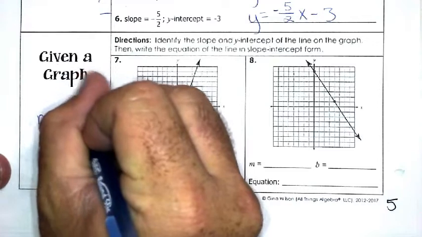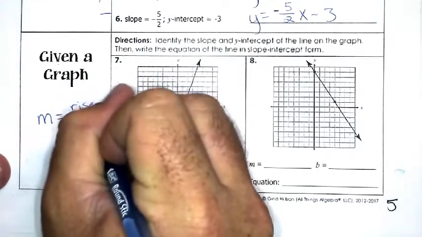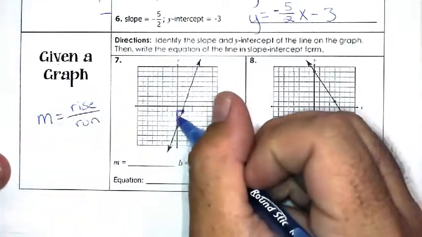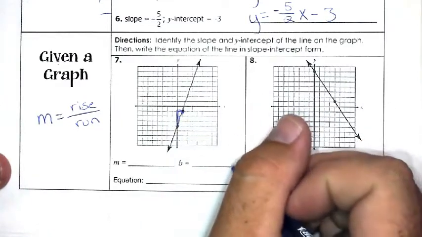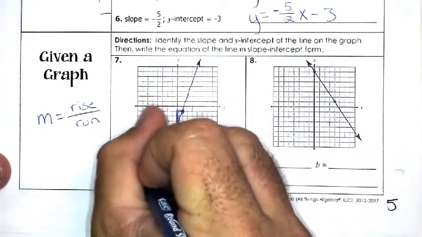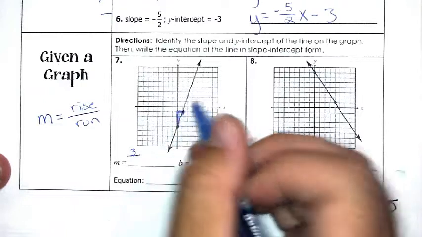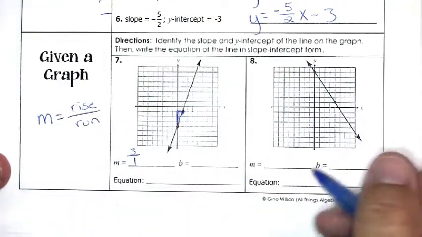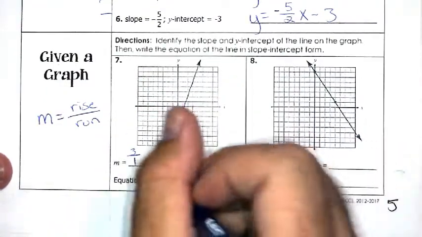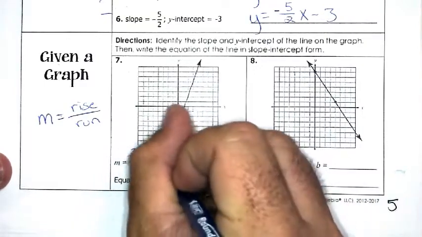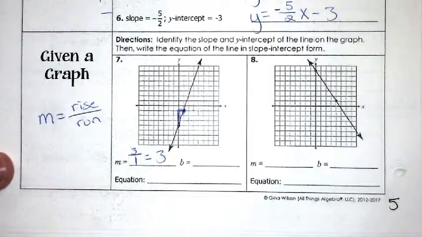Now, how far did I rise? How far did I run? 1. 3 over 1 is my slope. Could I rewrite that as something simpler? As just 3. Any numerator over 1 is just that numerator.